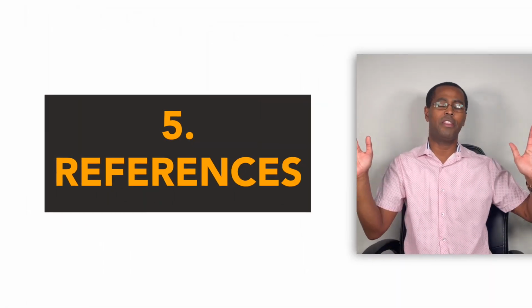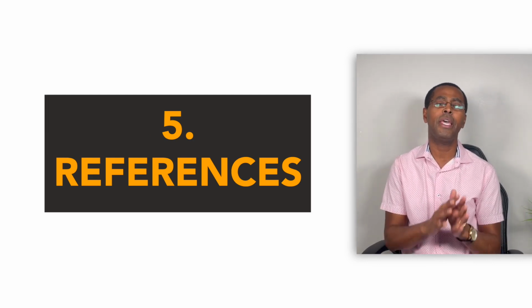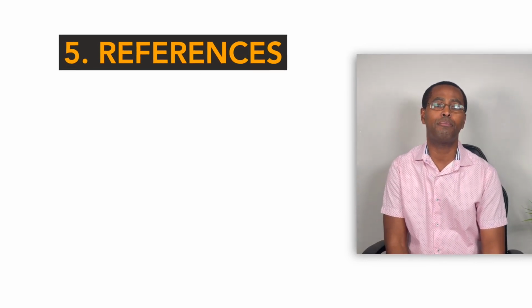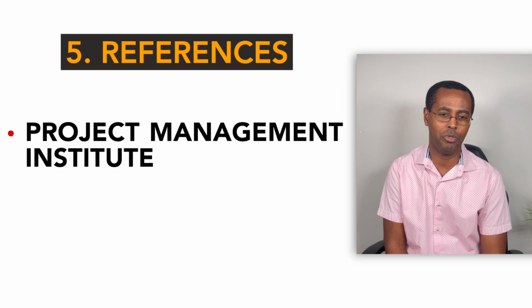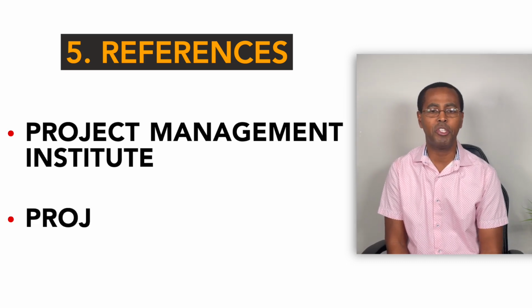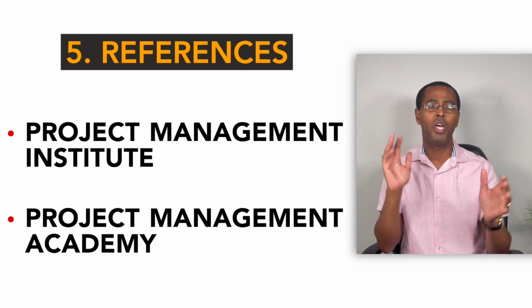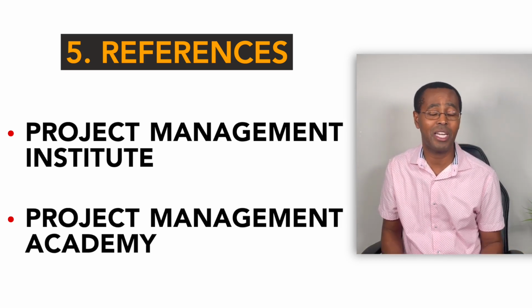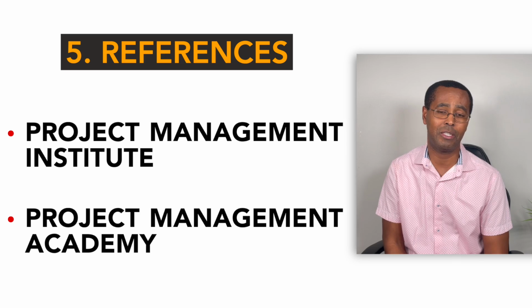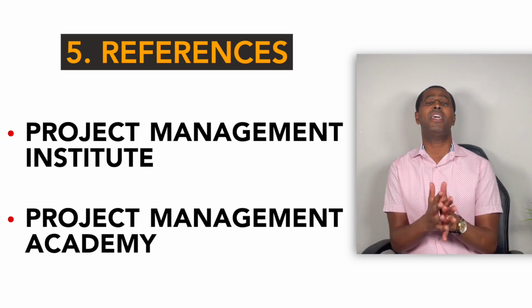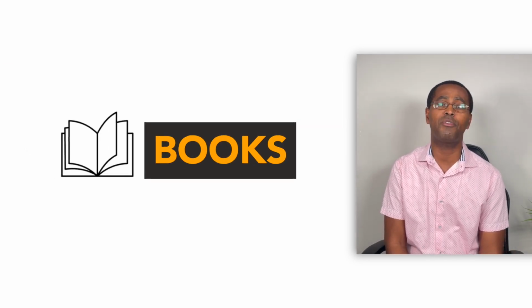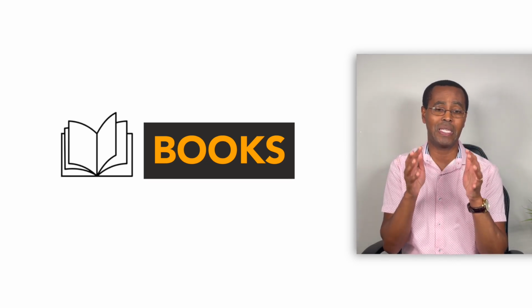And for your reference, I want to say this. Any material you come across from Project Management Institute and from Project Management Academy is credible. You can use it for both academic and professional purposes. Nonetheless, I want to recommend 3 books for the purposes of this class.